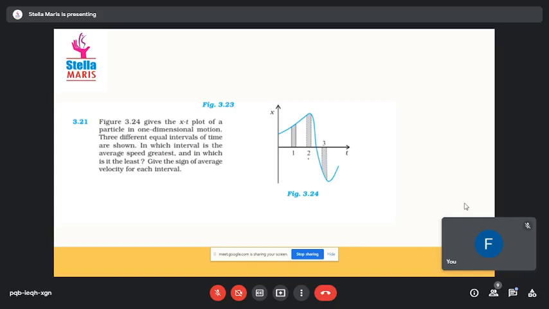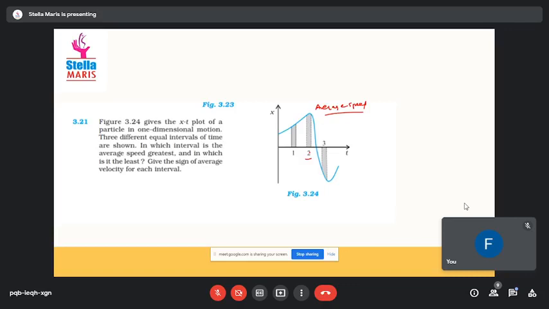Soumya said it is second. In the second interval, the average speed is greatest. That's what Soumya said. Anyone? Jayashri or Disha? Even Mirnalini, you can chat if you're available.